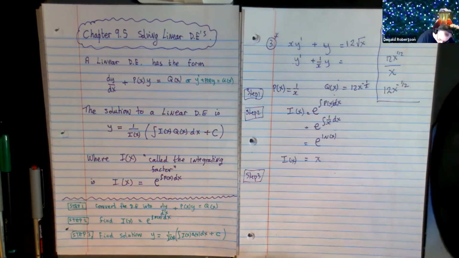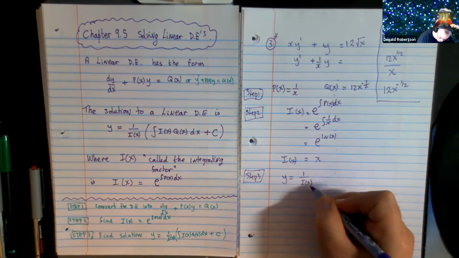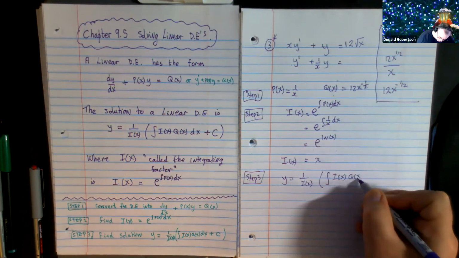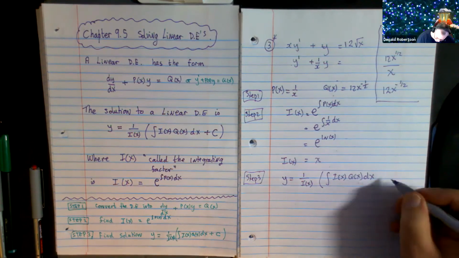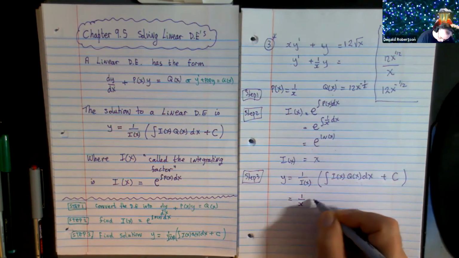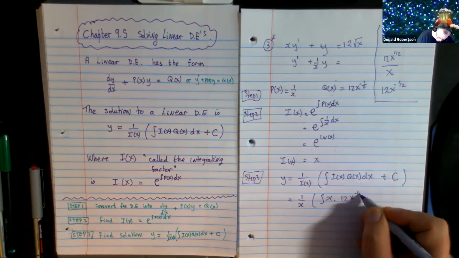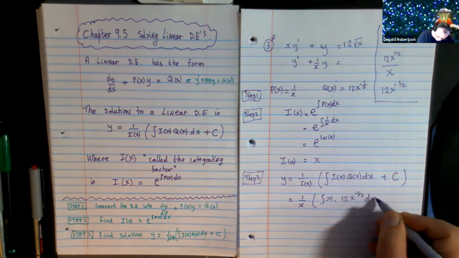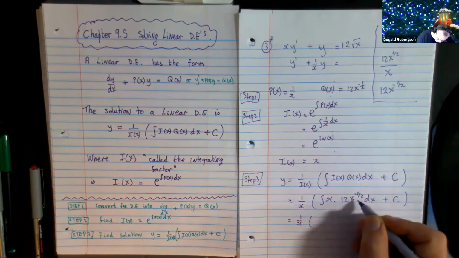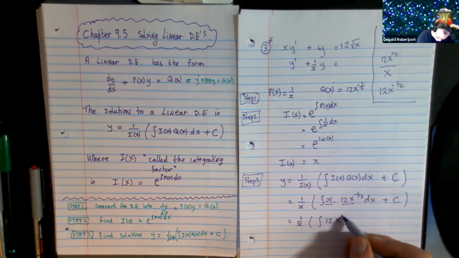Step 3 coming up. Well, the solution is 1 over I of X, the integral of I of X, Q of X, dx, plus a C. 1 over X, the integral of X, 12X to the negative half, plus C. If you multiply these together, you get 12X to the half.